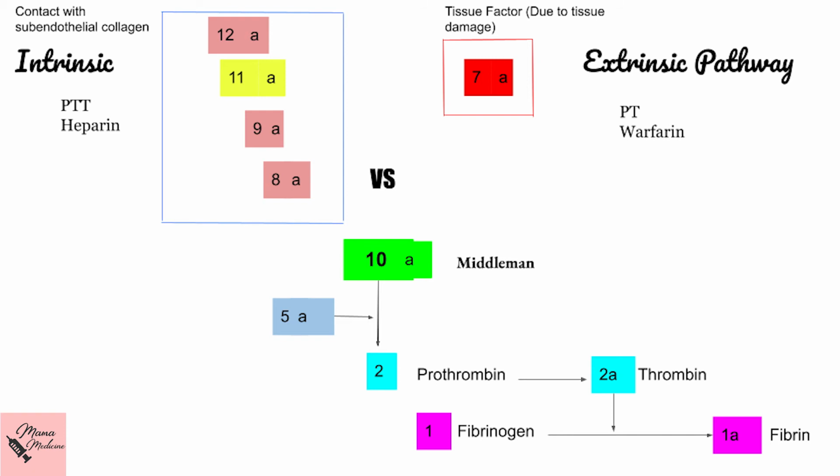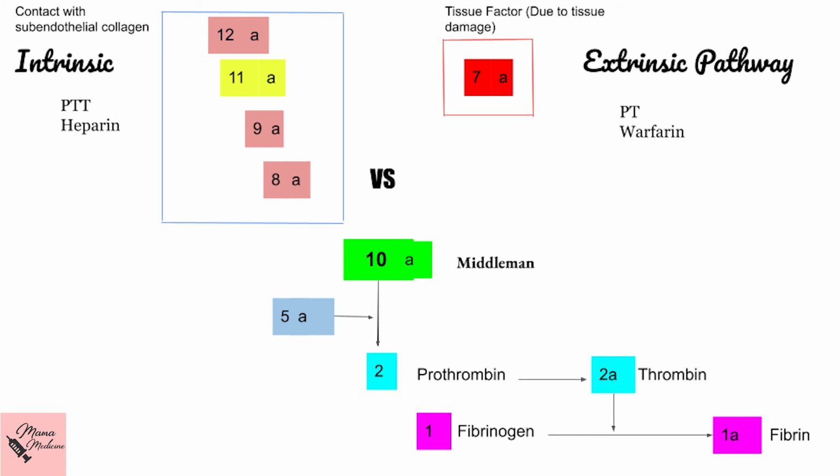Whereas the opposite of extrinsic is intrinsic, so they found that it was right to term the 11 team as intrinsic pathway. And the intrinsic pathway is activated by contact with subendothelial collagen, which is inside the body, an internal injury. All the reactions taking place after intrinsic and extrinsic pathway are termed as common pathway.